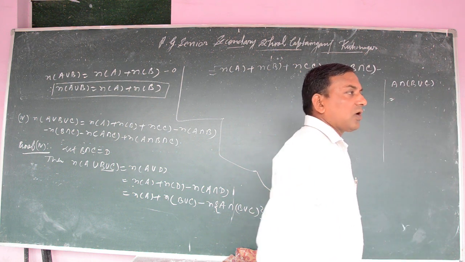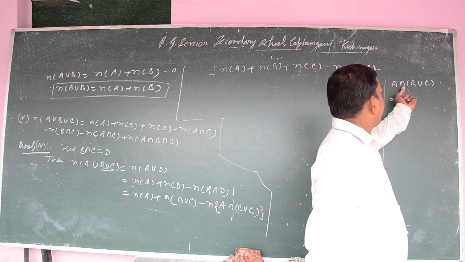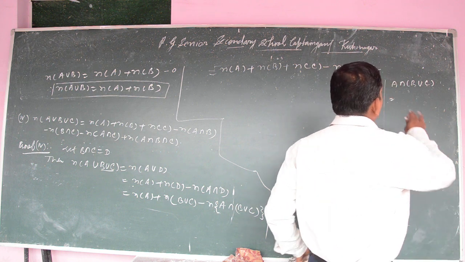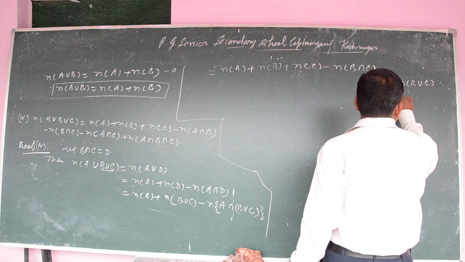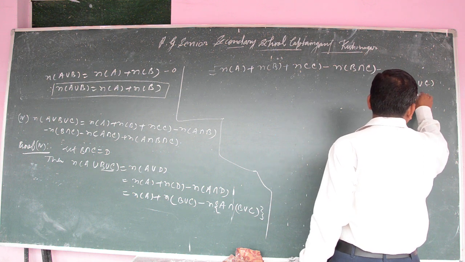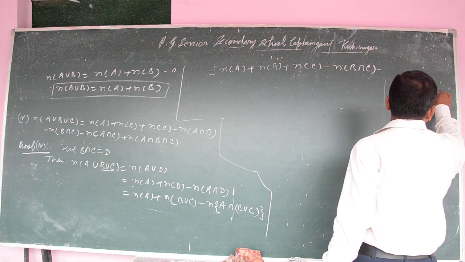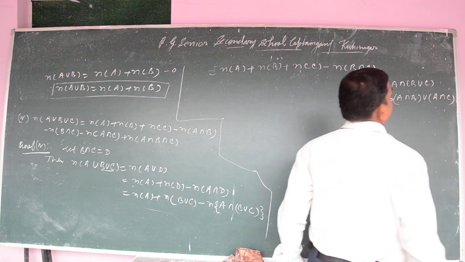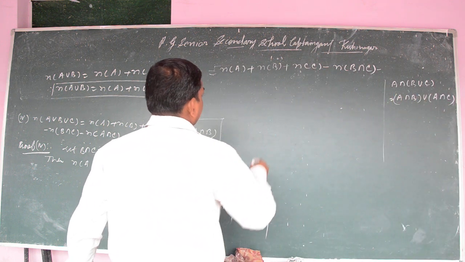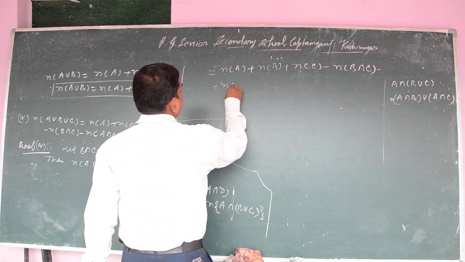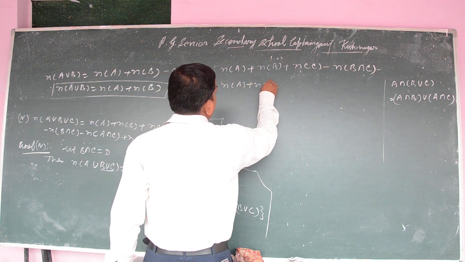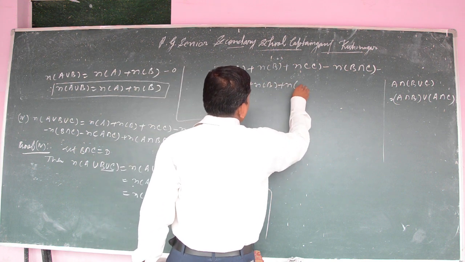This law is called the distributive law of intersection over union. So A intersection B union C is equal to A intersection B union A intersection C. In place of this, you write cardinal number of A plus cardinal number of B plus cardinal number of C.